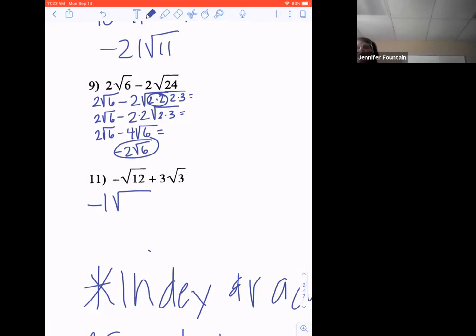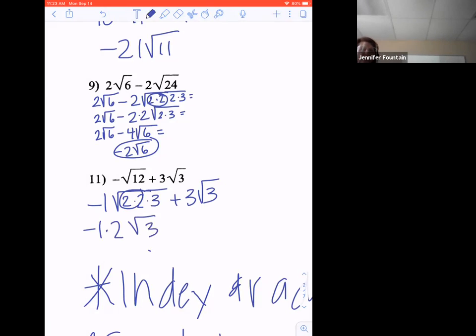What is my smallest prime factor of 12? 2. 2 times what is 12? 6. Okay, so we're going to do 2 times 2 times 3, good, plus 3 times the square root of 3. What can buddy up? My 2's. So that means a group of 2 comes out. It's going to be multiplied by that negative 1.